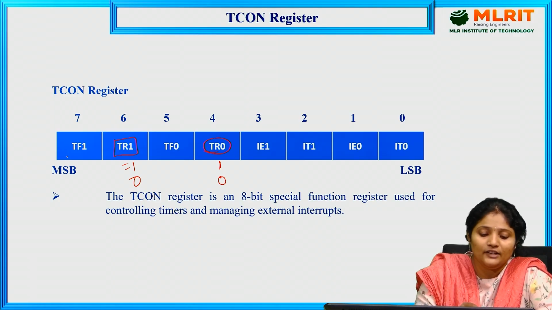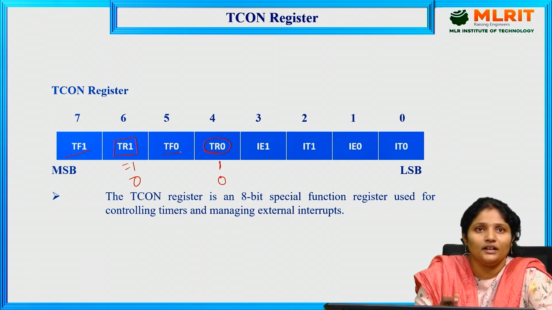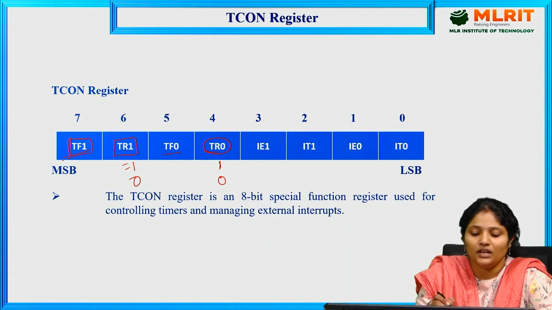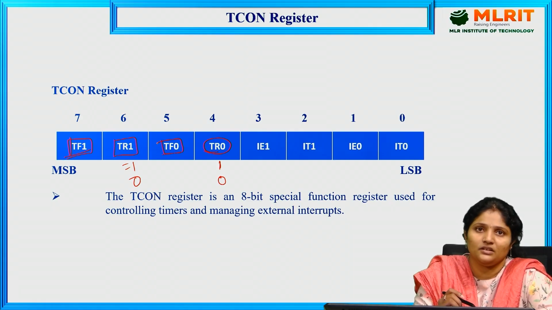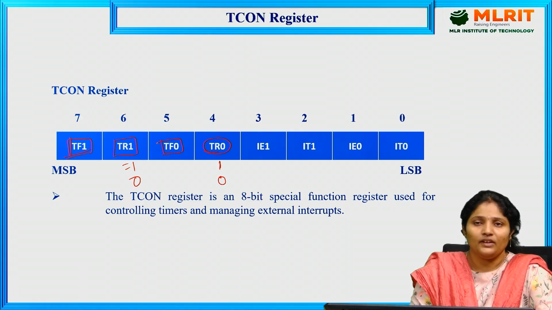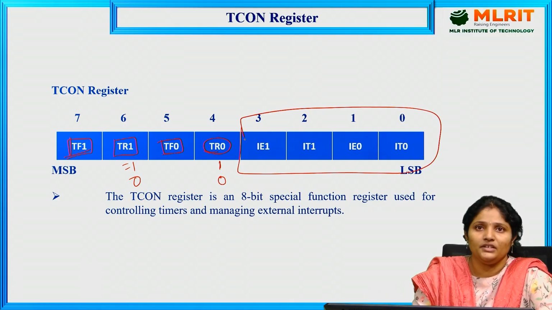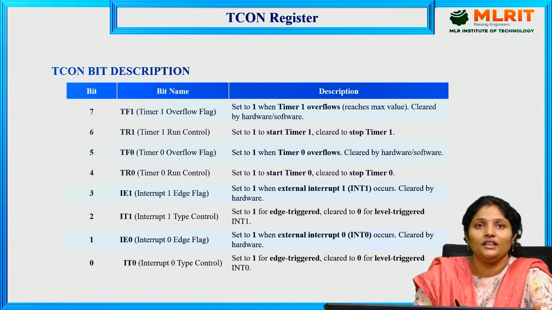Right? So TF1 and TF0 are the timer overflow flag bits. If timer 1 has overflowed, this bit will help to identify that. If timer 0 has overflowed, this bit helps likewise. The lower 4 bits of this TCON register help us identify the interrupts.